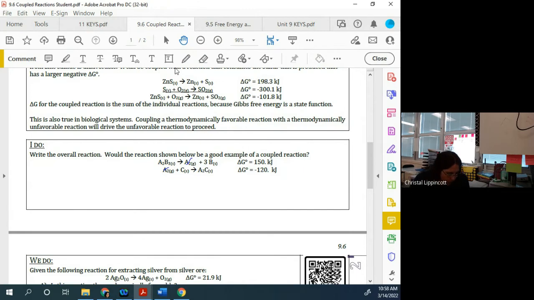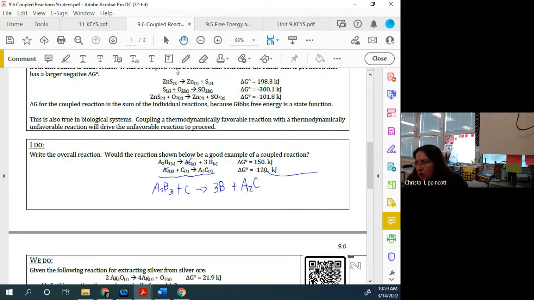And then if I write my overall reaction here, that's going to be A2B3 plus C yields 3B plus A2C. Make sure that it's balanced still. If you do this and it's not, then you're going to have to go back up and multiply these by something. Okay? But this one is balanced.